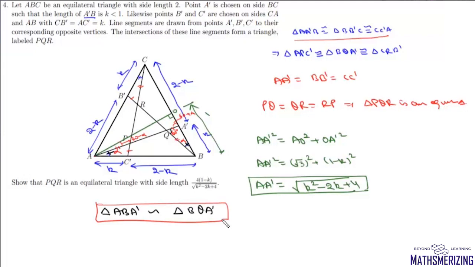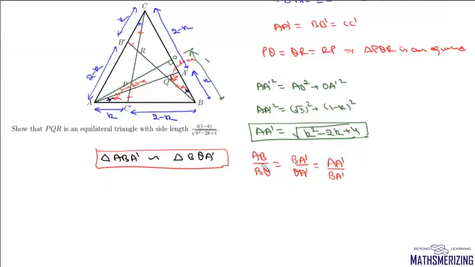Now if these two triangles are similar, then we can simply write AB upon BQ is the same as BA' upon QA', and this is equal to AA' upon BA'. Now AB is 2 and we need to find BQ.